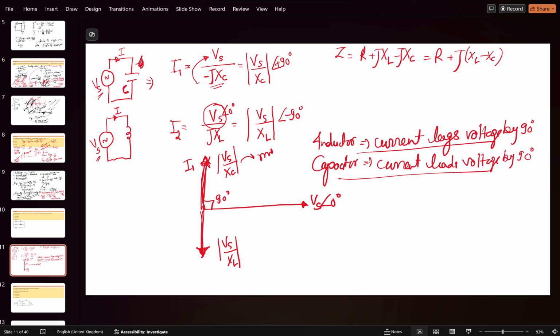These are the two things you should remember, and you can see them from the circuit itself. So in which circuit is the current leading or lagging. If you see the angle difference between I1 and I2, the inductor and the capacitor, it is actually 180 degrees. My point is that the phase angles of the circuits are not the same, for the resistor, the inductor and the capacitor.